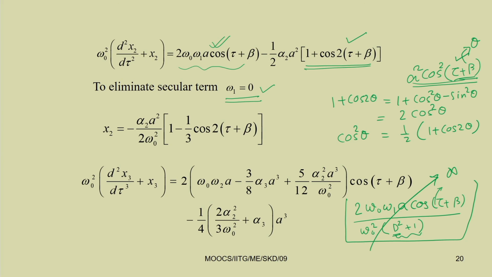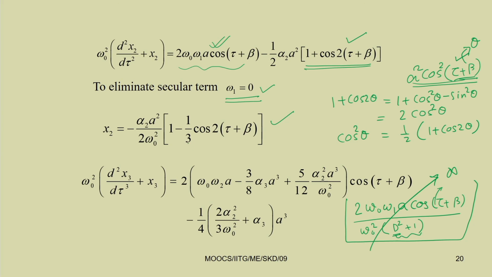Now omega 0 square d square x2 by d tau square plus x2 becomes minus half alpha 2 a square into 1 plus cos 2 tau plus beta. From this, the particular solutions can be found. For the cos 2 tau plus beta term, you can find the particular integral similarly: in place of d square substitute minus 4, so minus 4 plus 1 becomes 3.